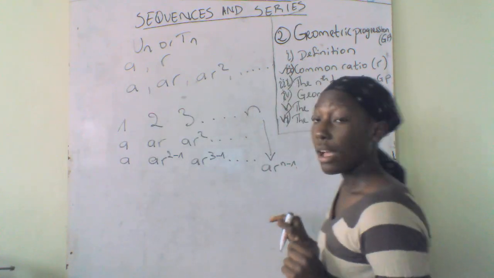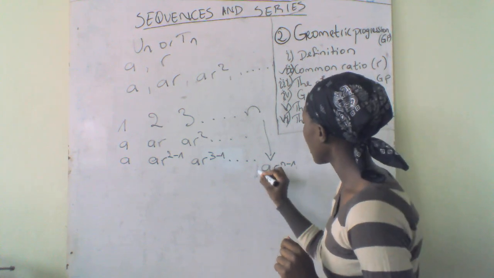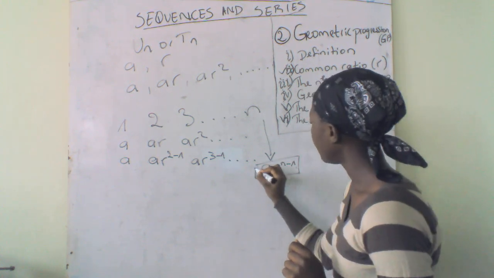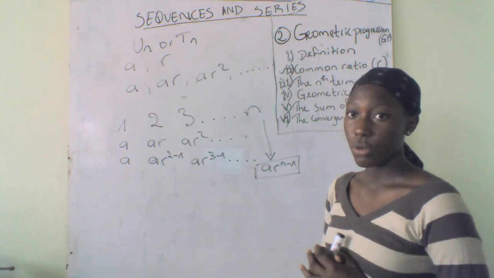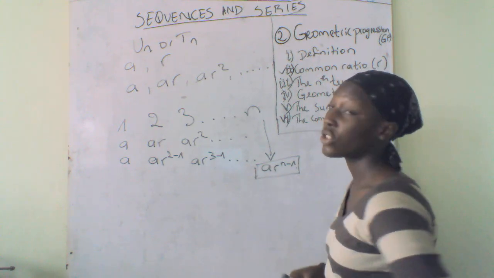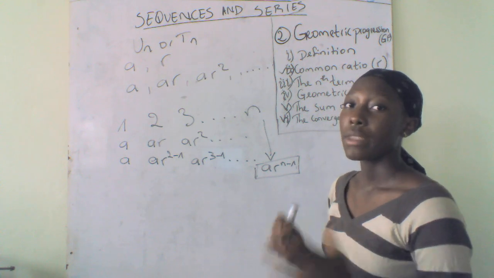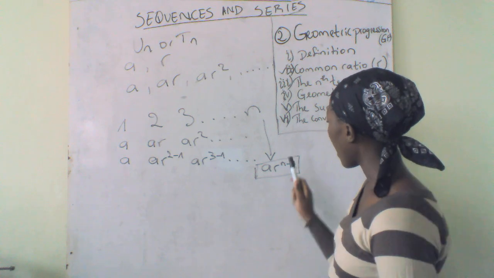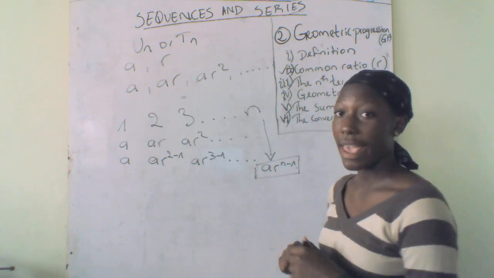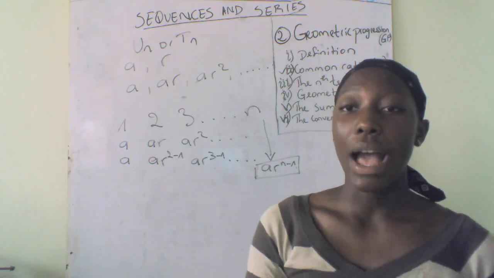So this is said to be our nth term. It is the nth term of a geometric progression. That is, from this expression, you can have any other term in a geometric progression. A here stands for the first term, R for the common ratio, and n for the term we are looking for.